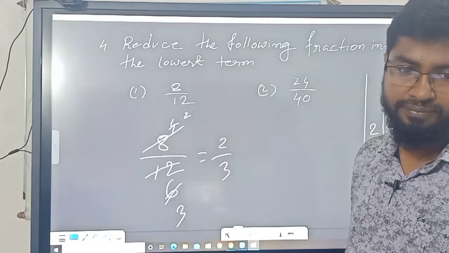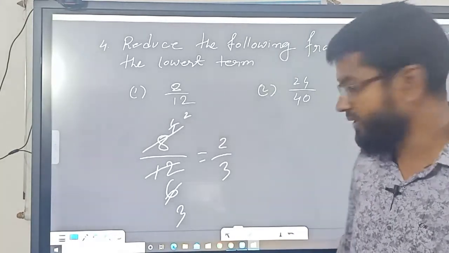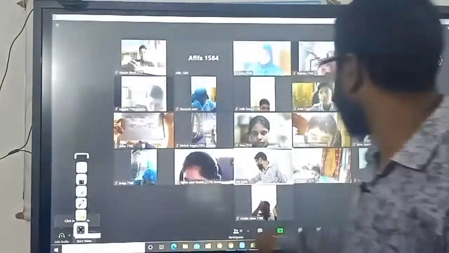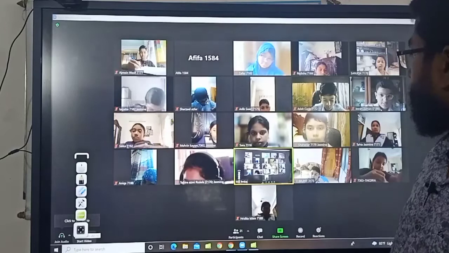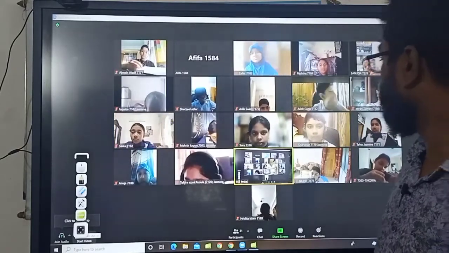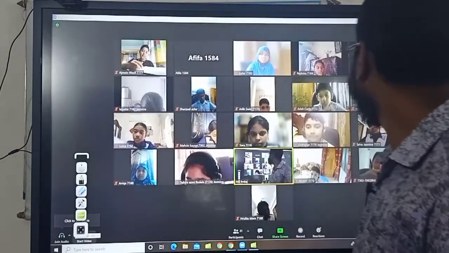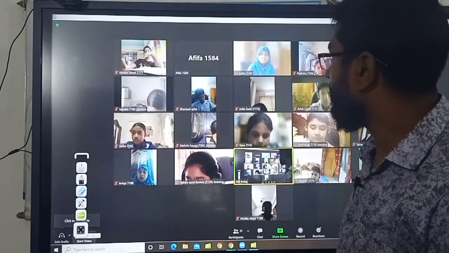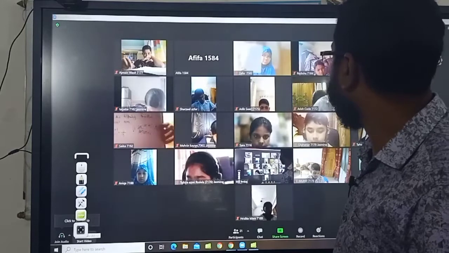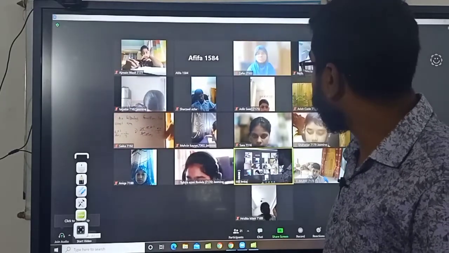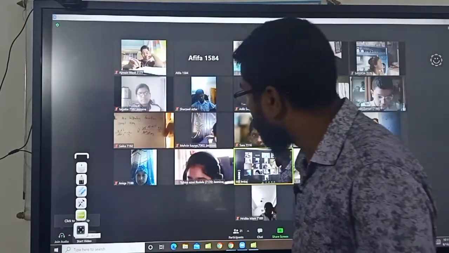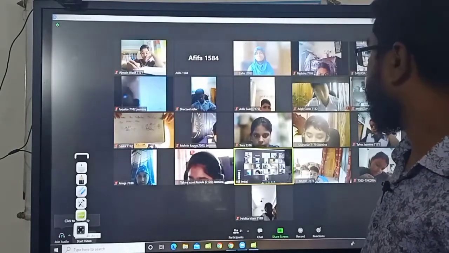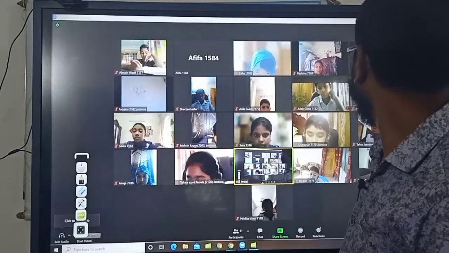I have seen somebody showing me the copy. Sanjita is showing copy, yes, you are right. Jafia also showing her copy. Saika, you are right. Very good.